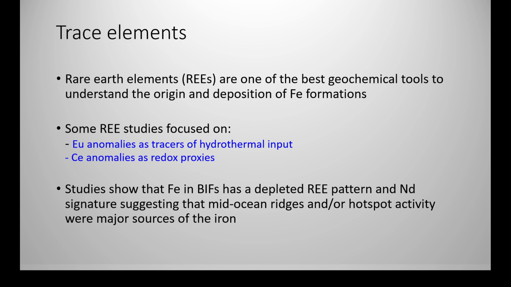Studies show that the Fe in banded iron formations have depleted REE patterns. This is the same signature that mid-ocean ridges and hotspot activity shows. Therefore, this could be the source of the iron.